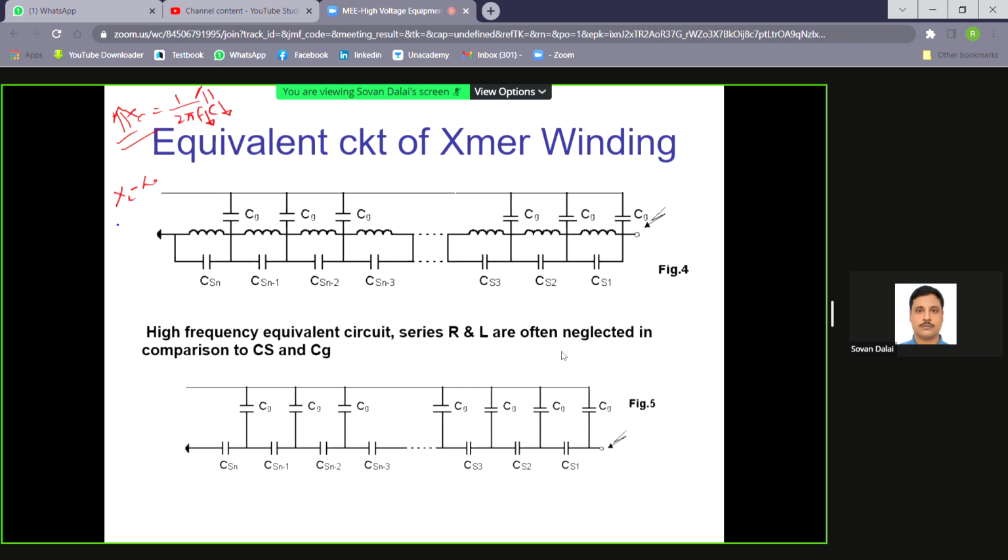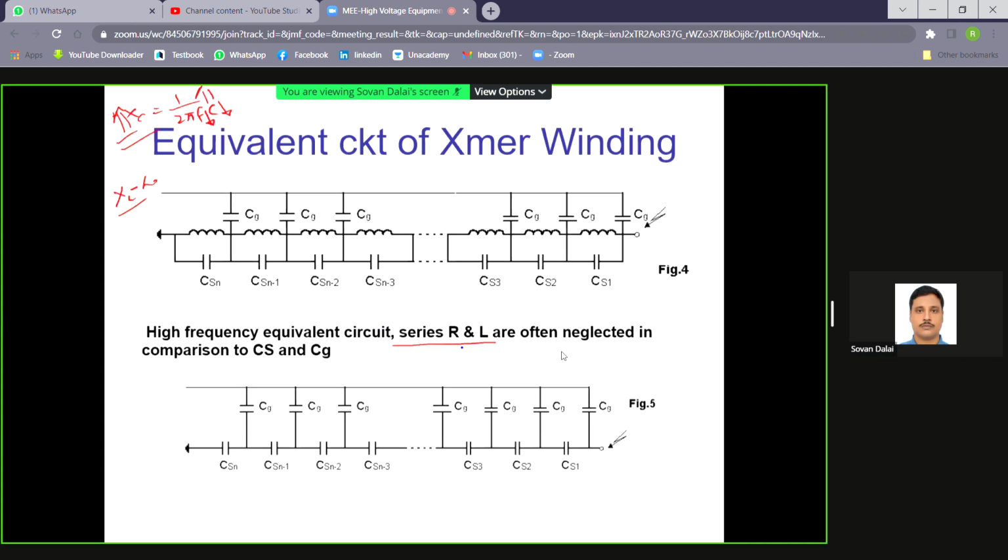The shunt branch then takes current comparable to the current flowing through the other branch. Due to that, in the equivalent circuit of the transformer winding, we have to consider the capacitance.